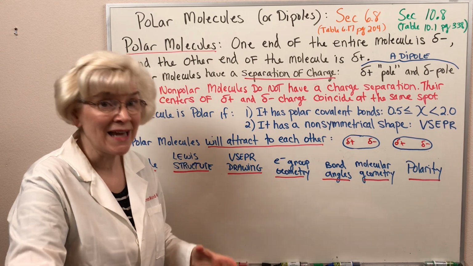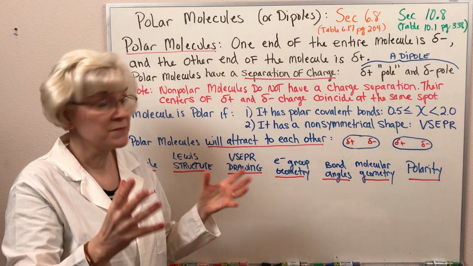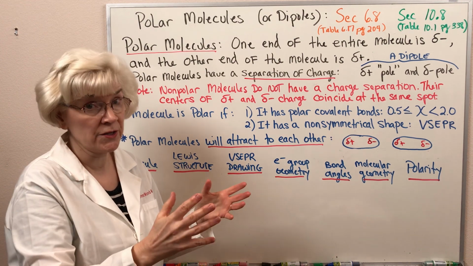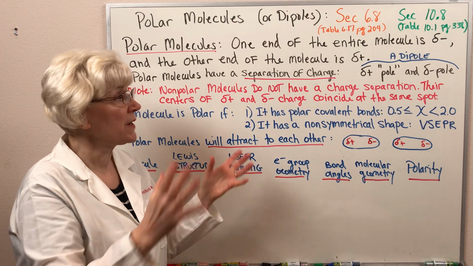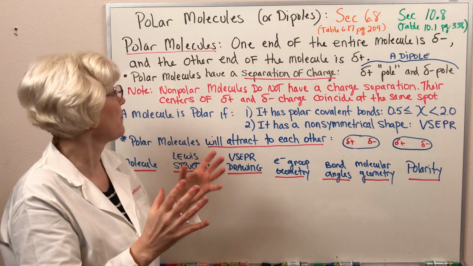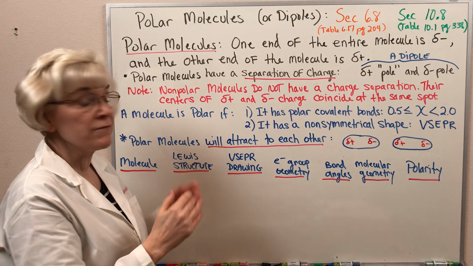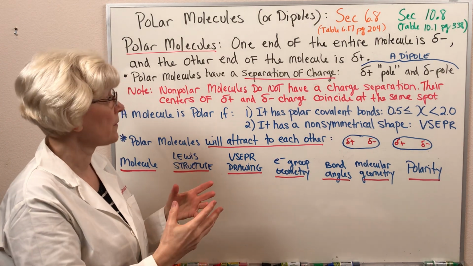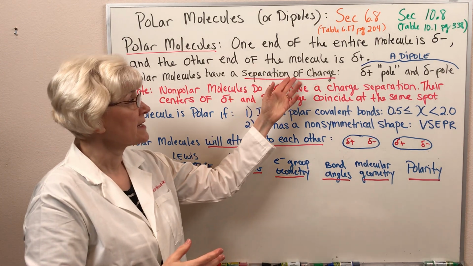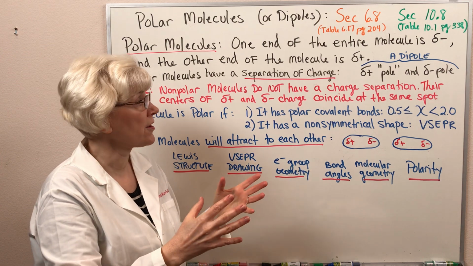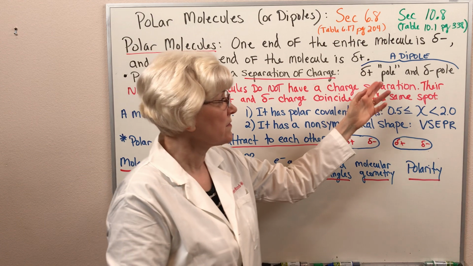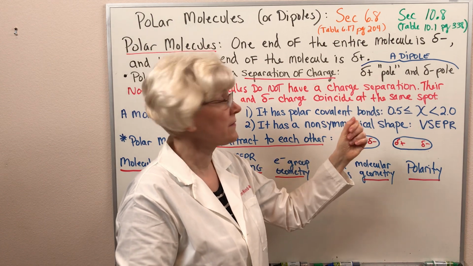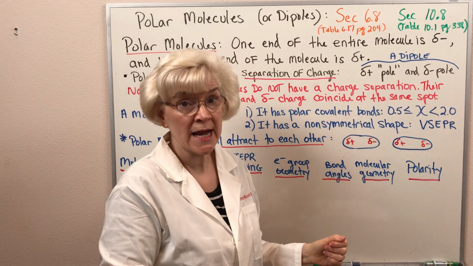We're taking that and now expanding the concept to the entire molecule, not just a bond between two atoms, but the overall entire molecule. If a molecule is a polar molecule, there is a net separation of charge over the entire molecule. One end of the molecule is partially positive, the other end partially negative.